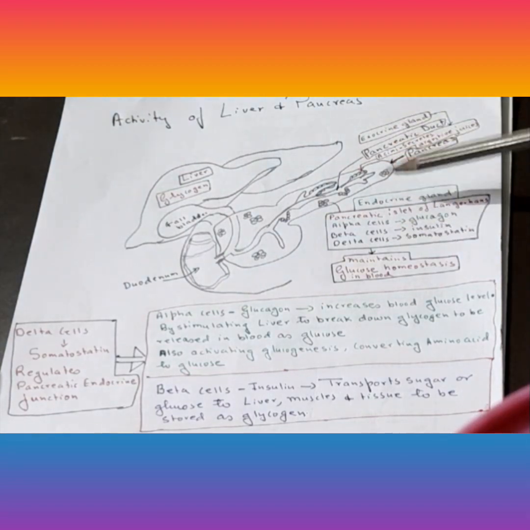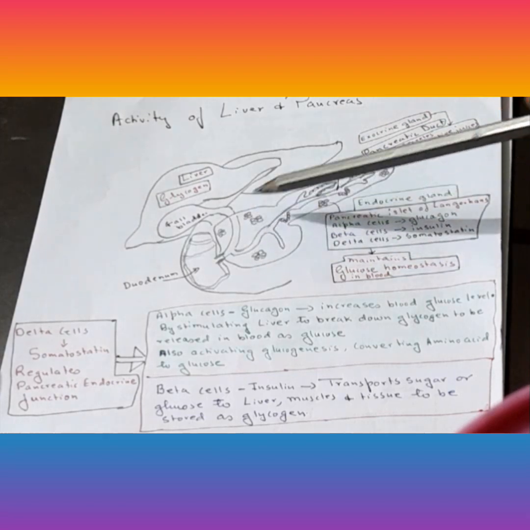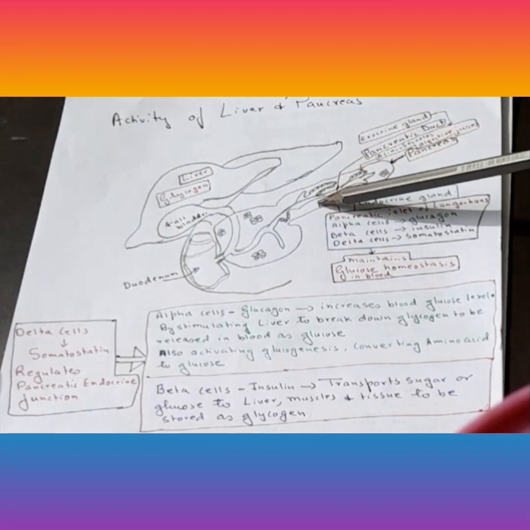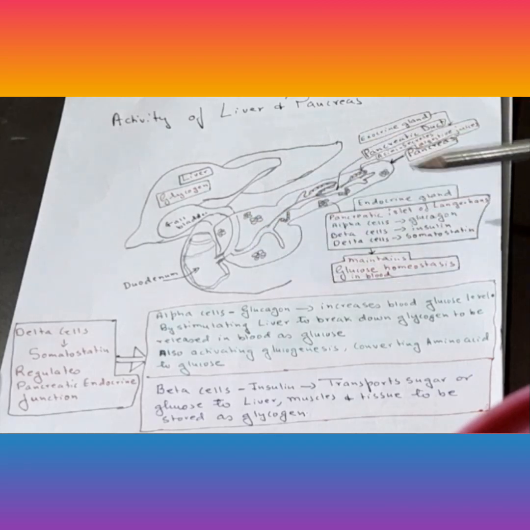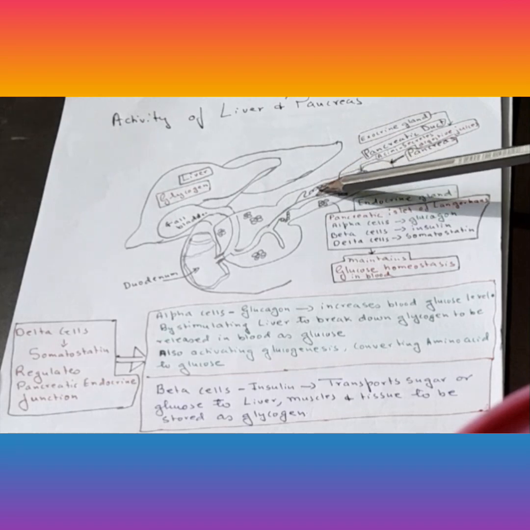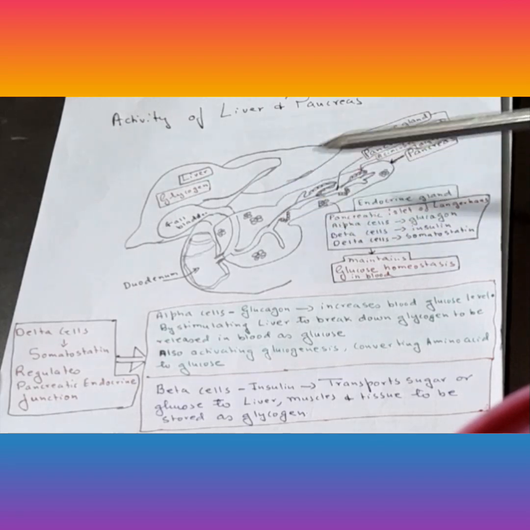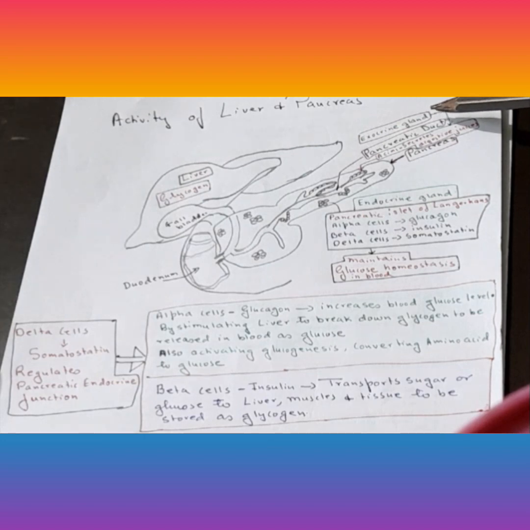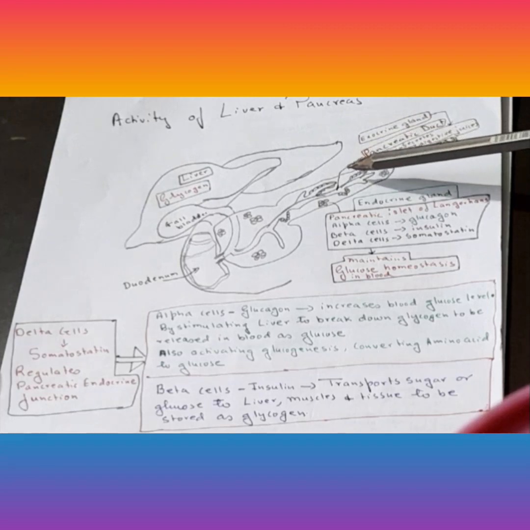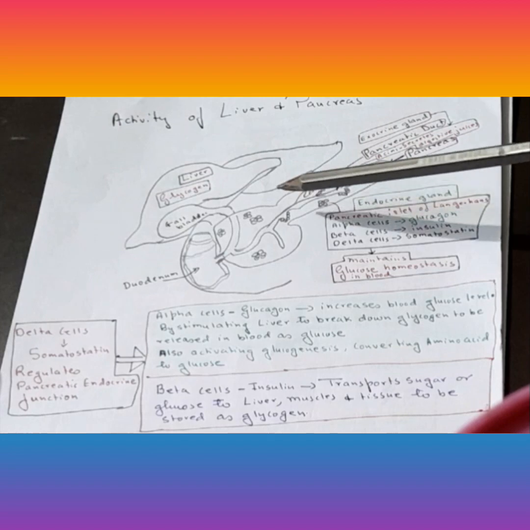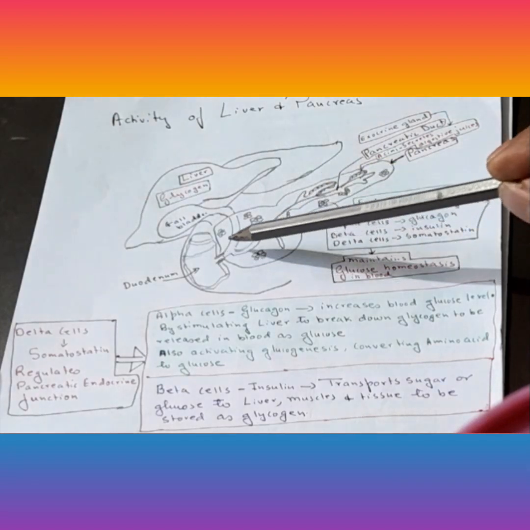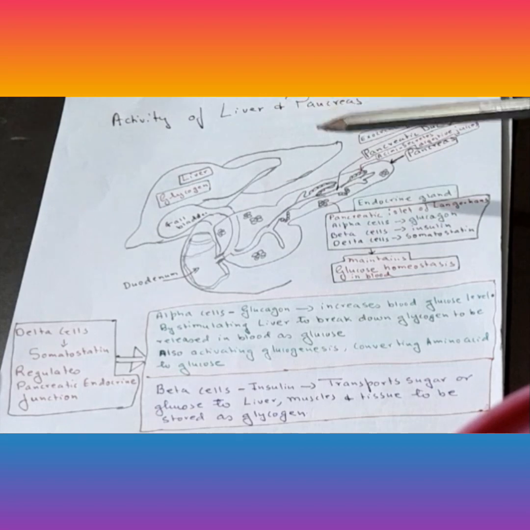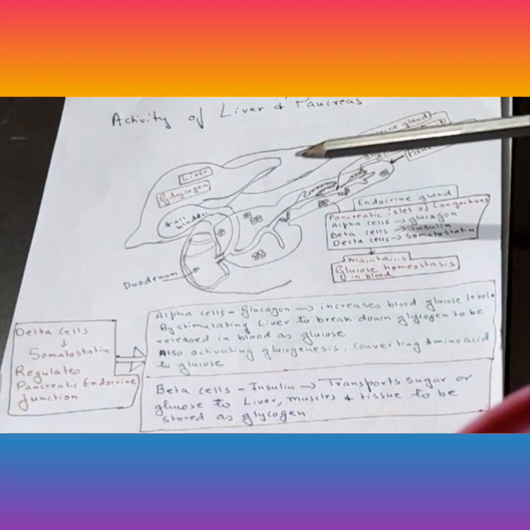Now in the endocrine part we have the islets of Langerhans. And these which you would find attached here are all exocrine glands, called acini. These secrete all the digestive juices. Right now we are not concerned with digestion, we are concerned with glucose.